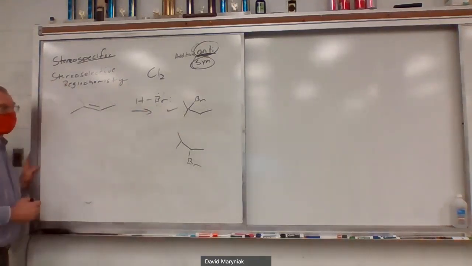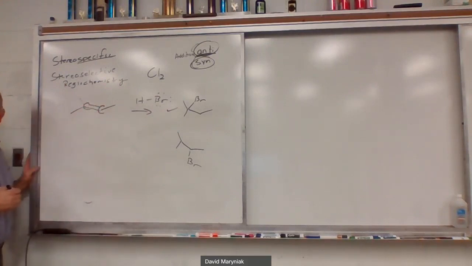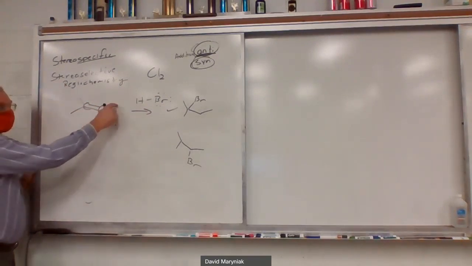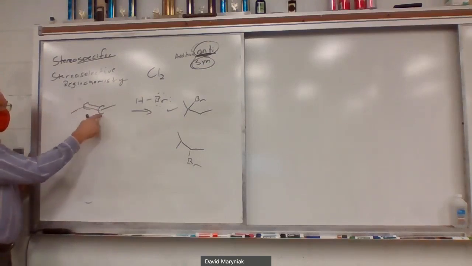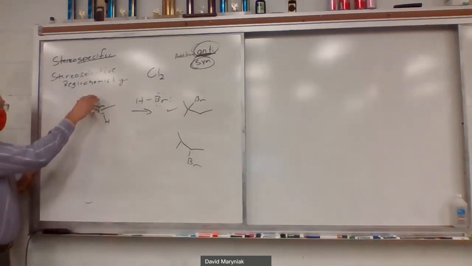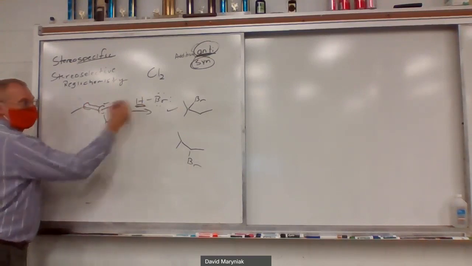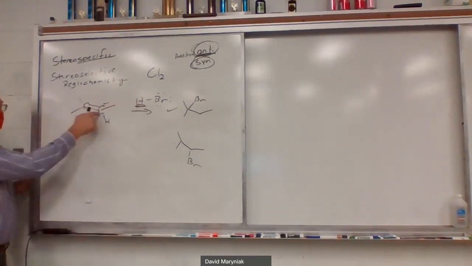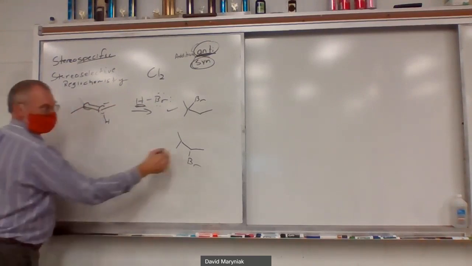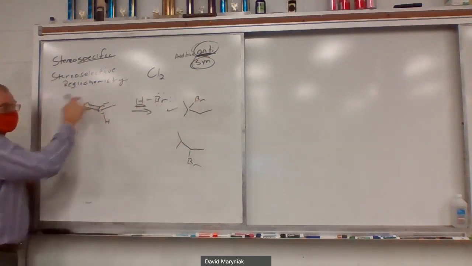That one. Because on your ene, which carbon has more H's? This carbon has a methyl that has two methyls and a carbon, so that's the only H in the molecule. So which C of your ene has more H's? This one. Which C gets the incoming H? That one. And so that one is leading to this product because your Br is off this carbon.